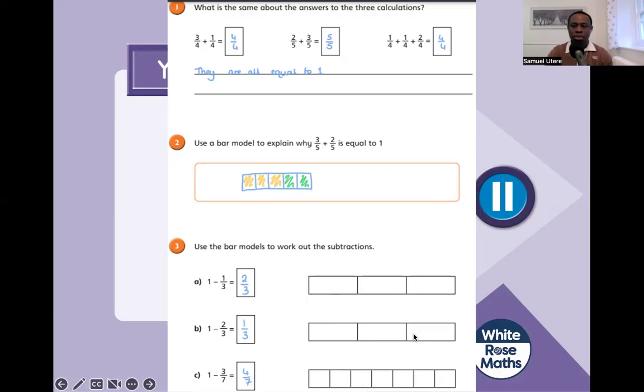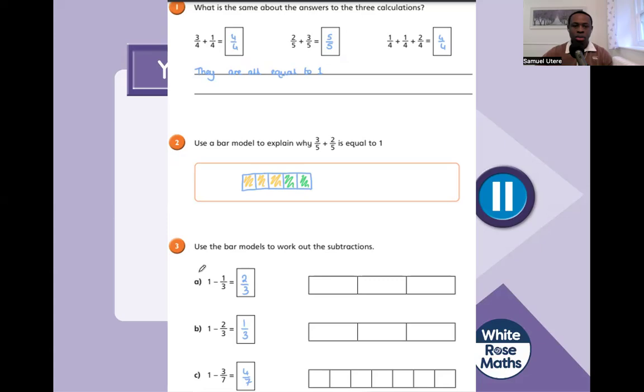So if we were to rewrite this, it will be like saying, thinking about what we've learned so far, the whole will take the number of parts determined by the denominator of what you're trying to do with it. So in this case, we're trying to subtract 1/3 from it.